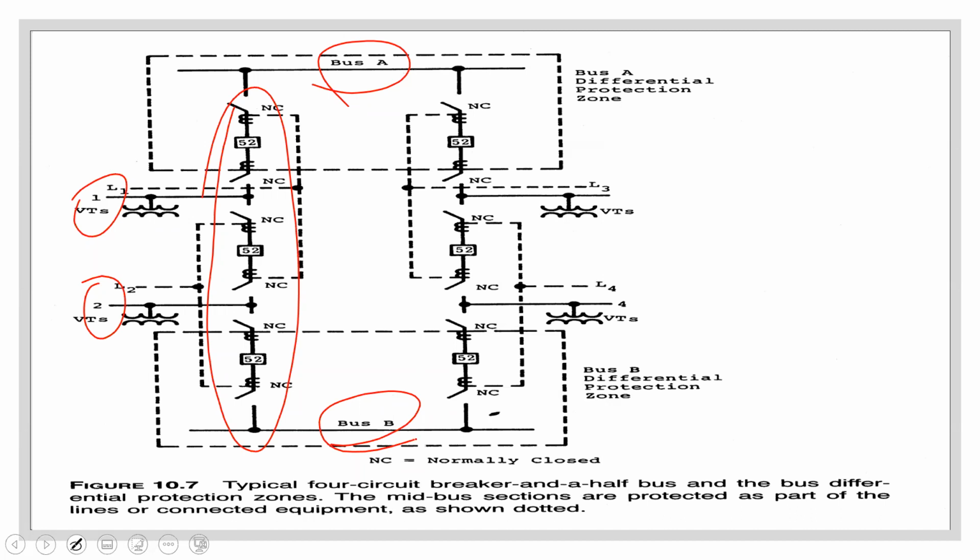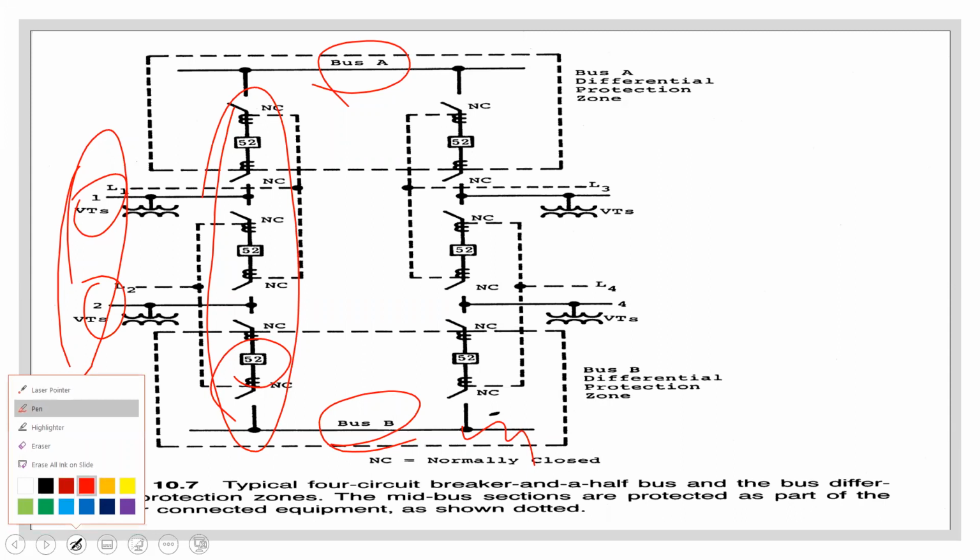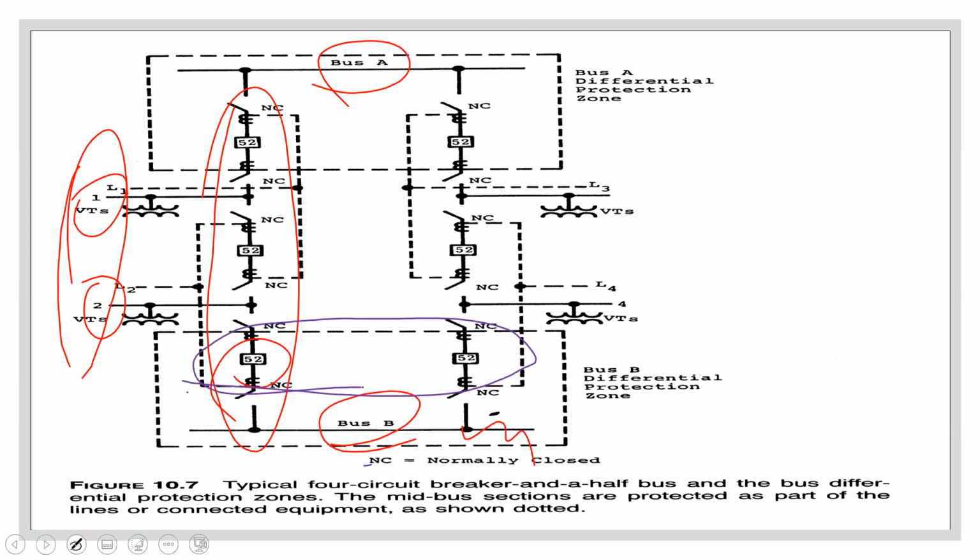So if I have a fault on bus B, these two breakers will be out. So they'll separate that bus bar, but the four circuits would still be served by these four.